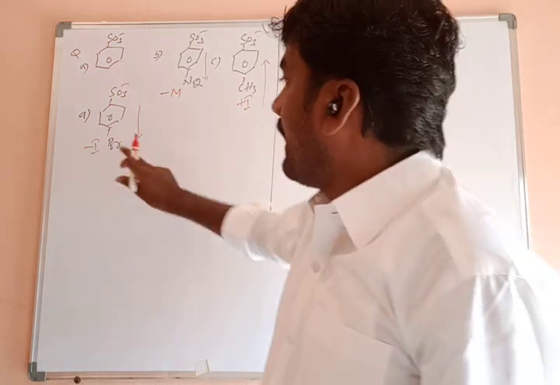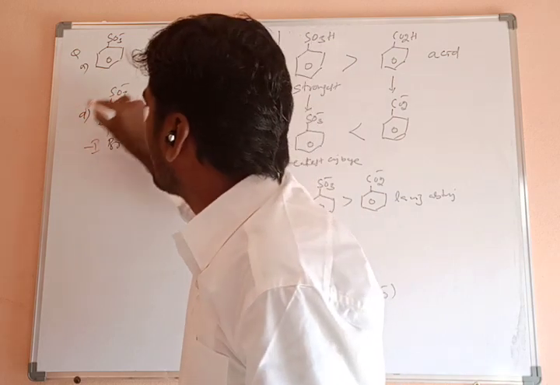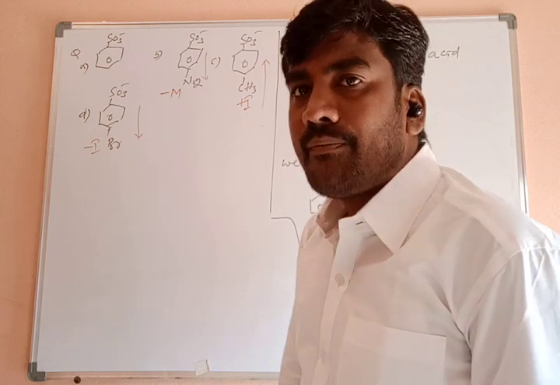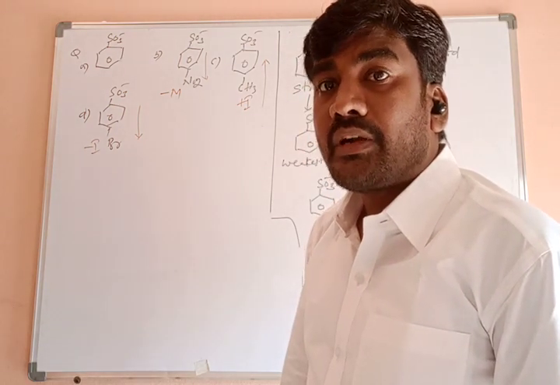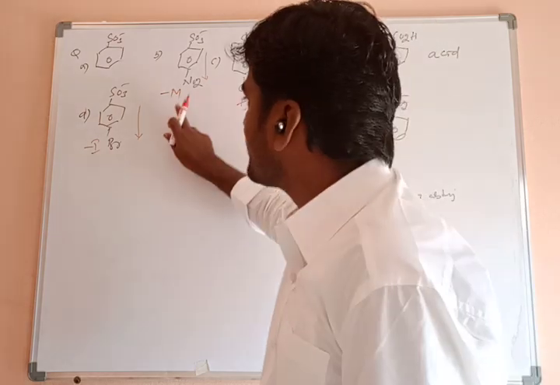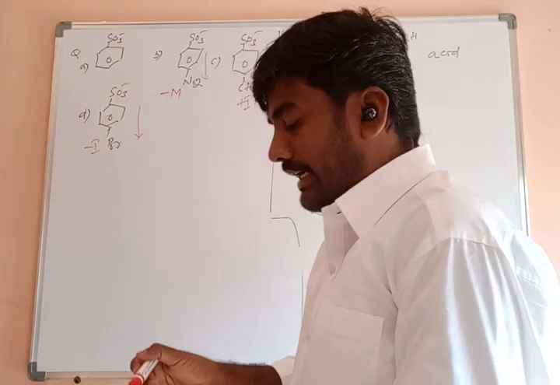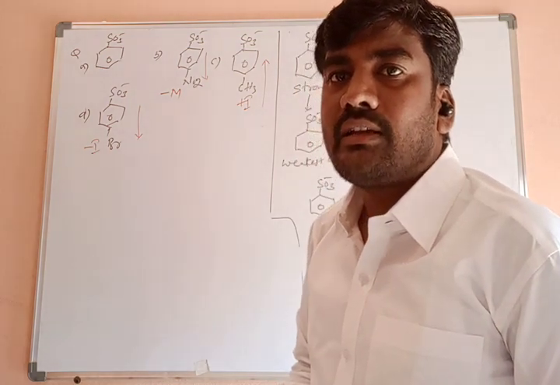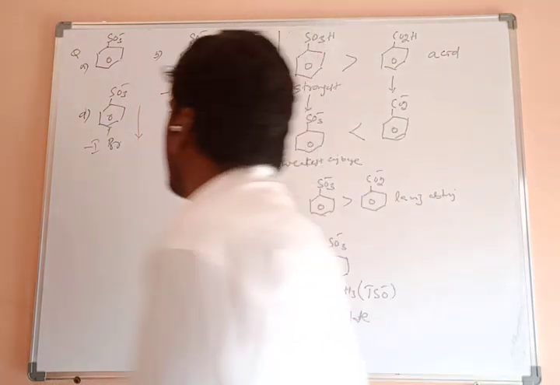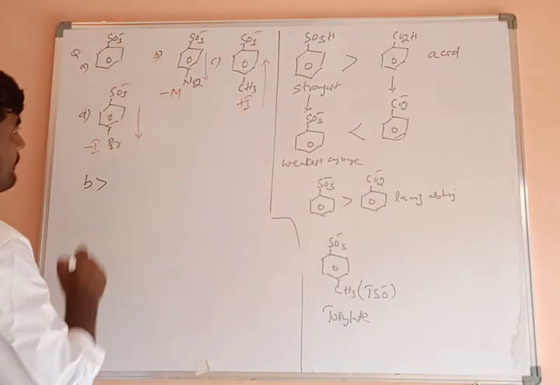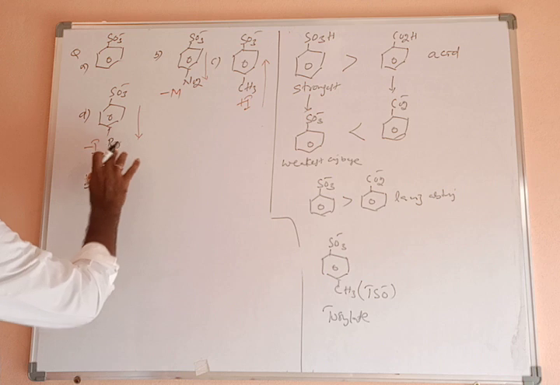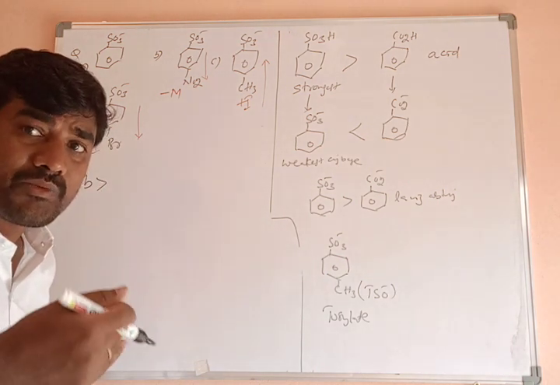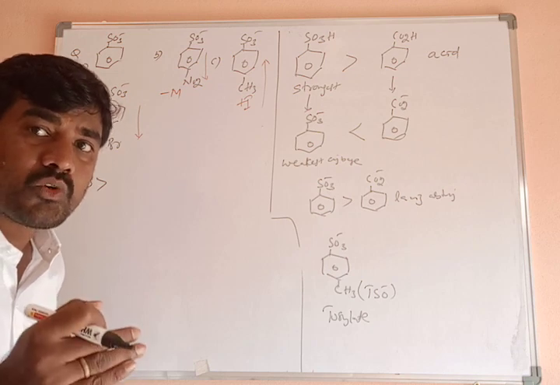Clear? Now compound D and compound B both decrease the negative charge on the anion, but which decreases it more? The minus M effect is highest in B, so it decreases the negative charge the most, and the stability of that anion is highest compared to all others. So B is greater than D. Br shows a minus I effect, so electron density decreases, stability increases, and leaving ability also increases.